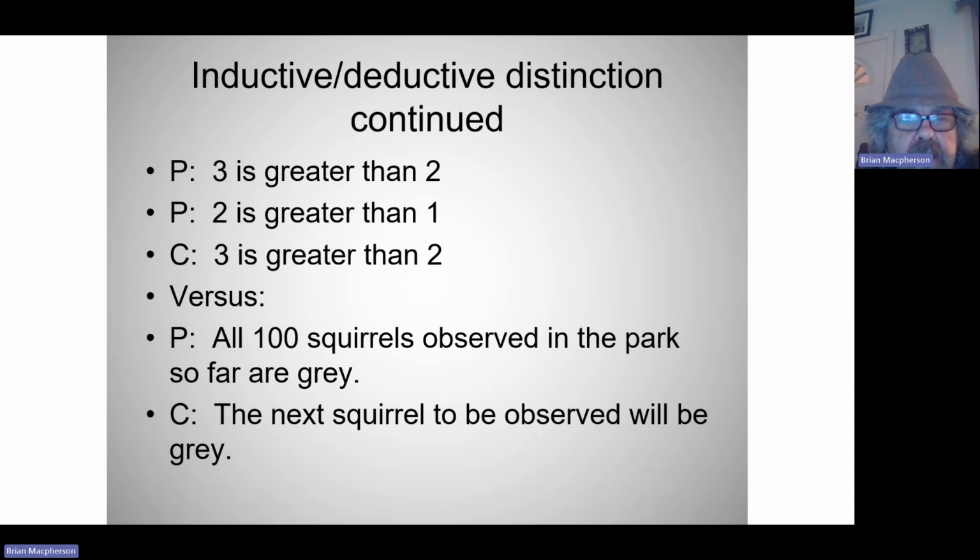But I can say that given all 100 squirrels observed so far are gray, chances are the next one I observe will also be gray, okay? But notice that this argument is much weaker than the argument on top. The first argument is ironclad, right? If the premises are true, the conclusion necessarily must be true. Whereas the inductive argument is such that if the premises are true, the conclusion is probably true, right? So that's the key difference.